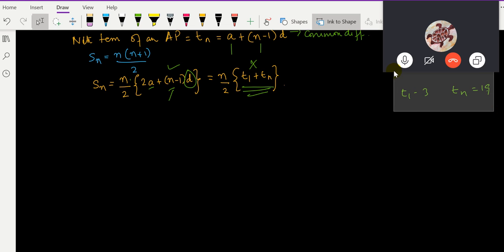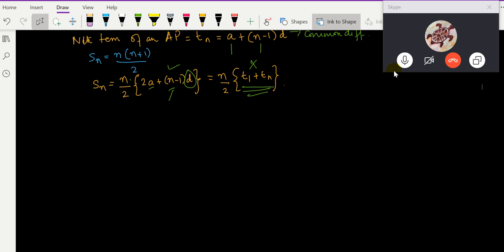Okay. Now let us look at some more important ones. I want to find the value of 1 square plus 2 square plus 3 square plus 4 square up to n square. How will I do this? Can I use the first formula, Sn is equal to n upon 2 into 2a? No, I can't do that.